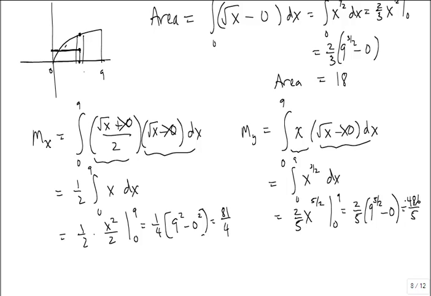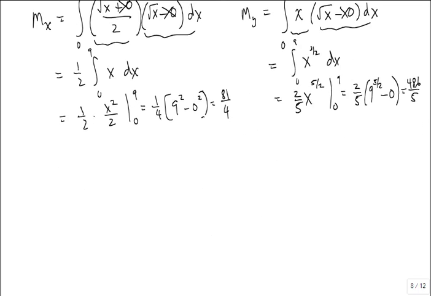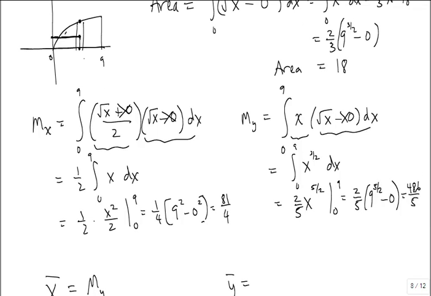Now we're not done yet, okay? These are just the moments. To get the center of mass, or the centroid, you want your x bar and your y bar. Now x bar is the moment about the y-axis. Think about why we're doing that, because the moment about the y-axis is using these x coordinates.